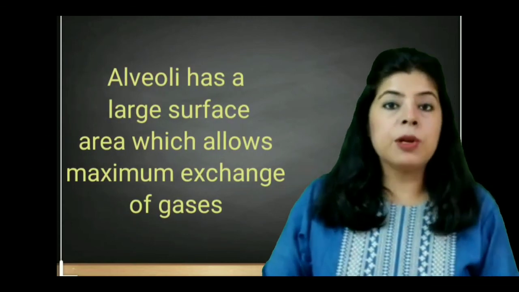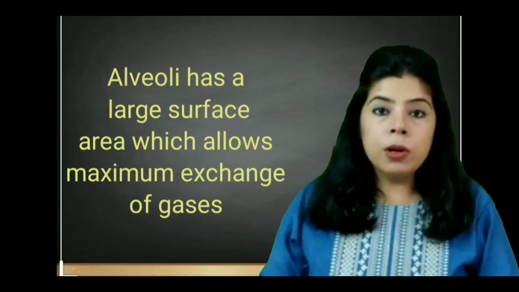So the major exchange of oxygen and carbon dioxide, that is taking in of oxygen by the alveolus and giving of carbon dioxide back to the bloodstream, takes place here. The alveoli have a large surface area, because the more the surface area, the more the exchange of gas taking place. So these are the major site of exchange of gas in the lung. This part is very, very important.